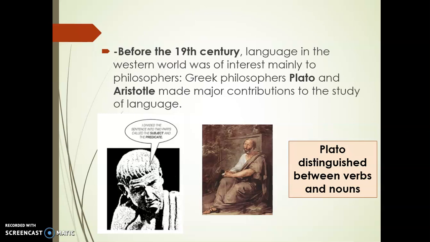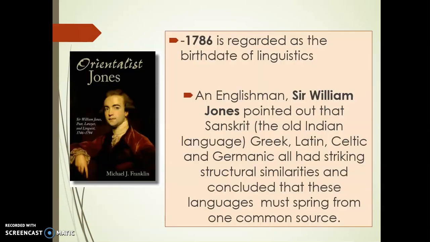They asked questions as regards what language is, where language comes from, the idea of language. For example, Aristotle divided it into subject and predicates. They started analyzing language and thinking about language. Plato distinguished between verbs and nouns. That was like the first attempt of studying language.